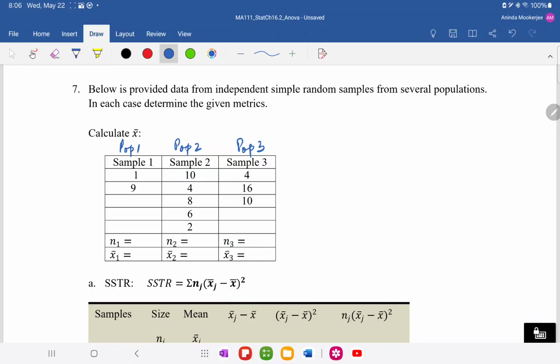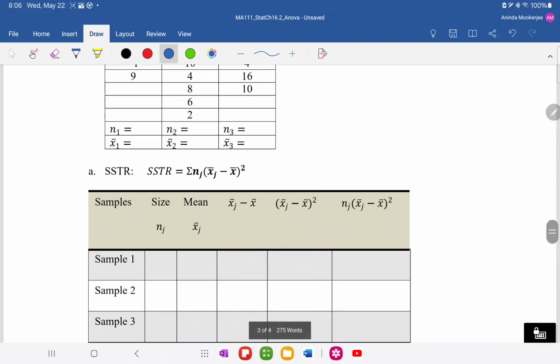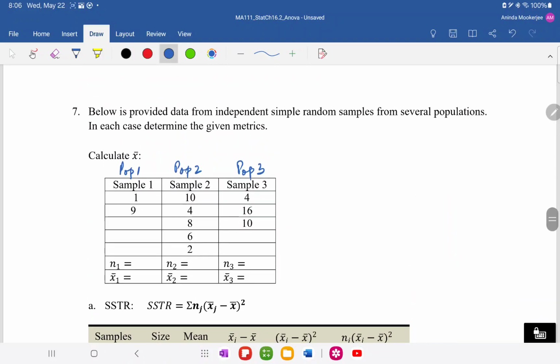So to work this formula, we will need to know the individual sample sizes, we will need to find the individual means, and we will need to know what the overall mean is, and then we'll work through this table step by step. Okay, so let's go about it.